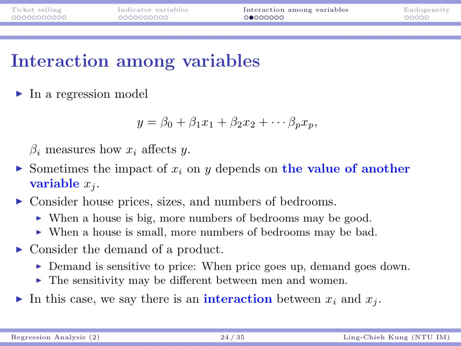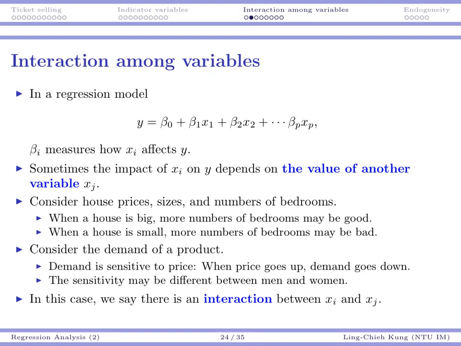For example, if we talk about house prices, sizes and the numbers of bedrooms may have some impact on price, but the impact may be different when size is different. If we have a big house with no bedrooms, then it's bad. In that case, the number of bedrooms may have a positive impact.